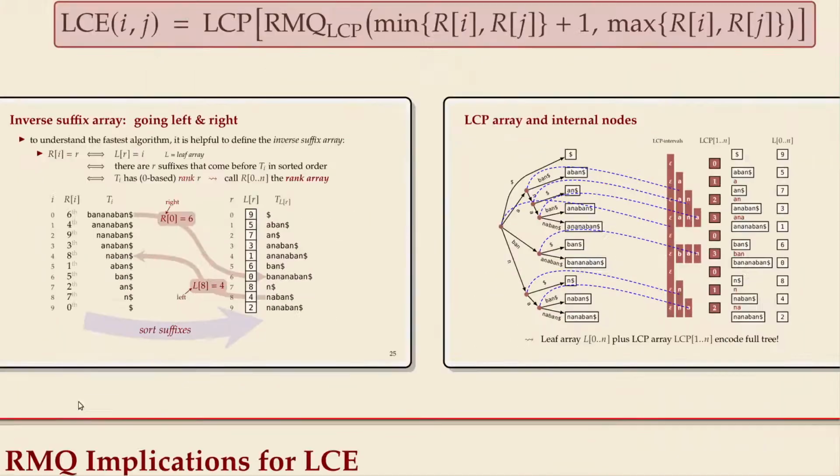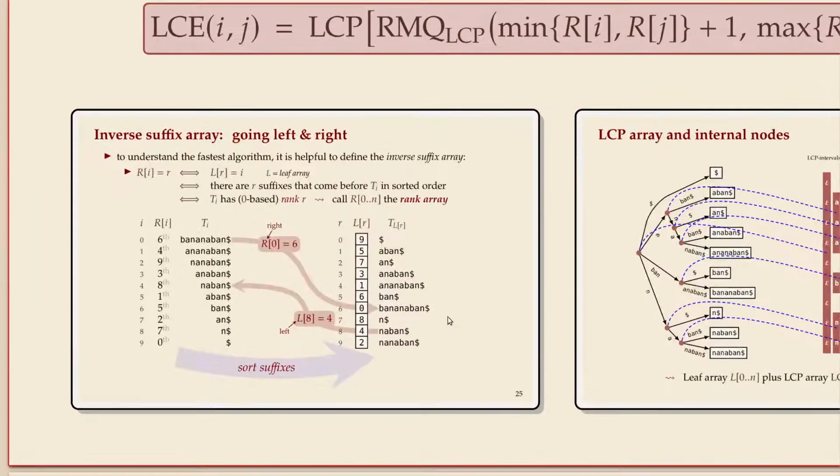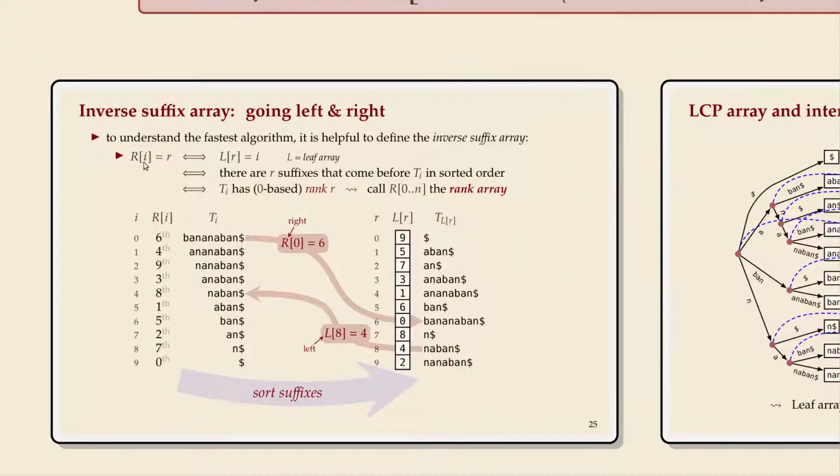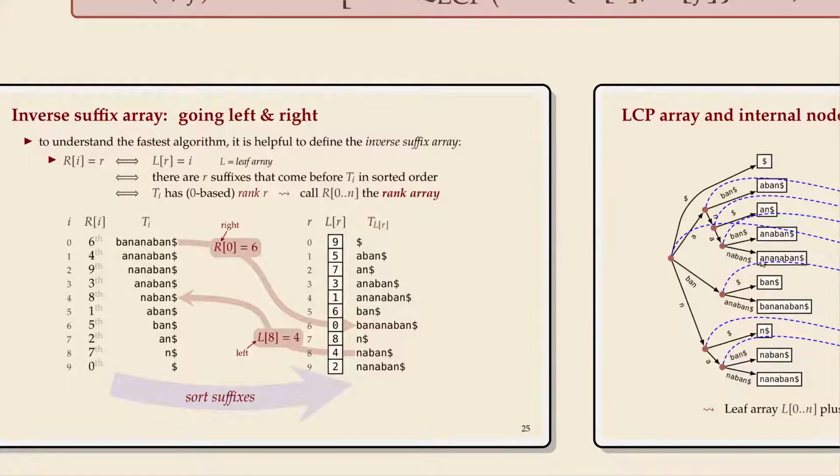Remember, just for getting the notation in everyone's head again, we had the suffix array L, the leaf array, which had the leaves of the suffix tree in sorted order. That is just the suffixes in sorted order.